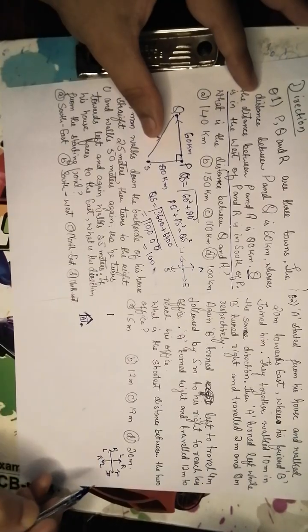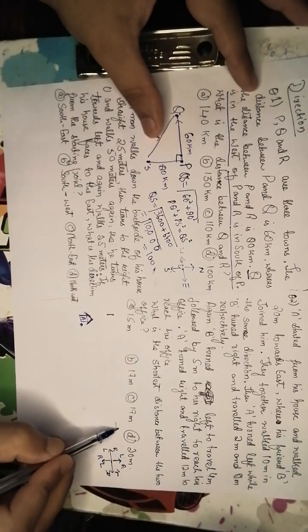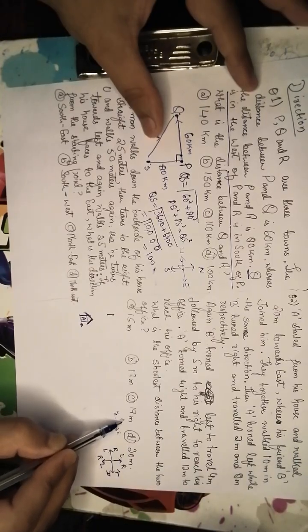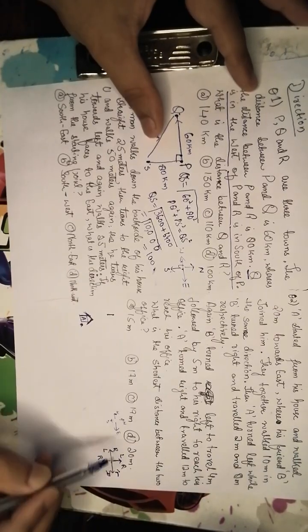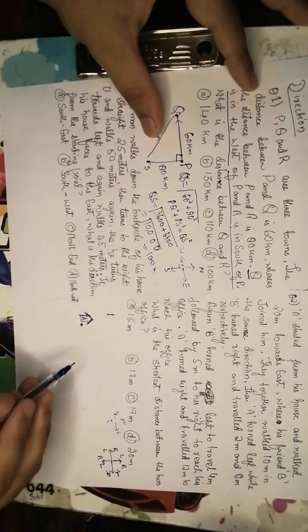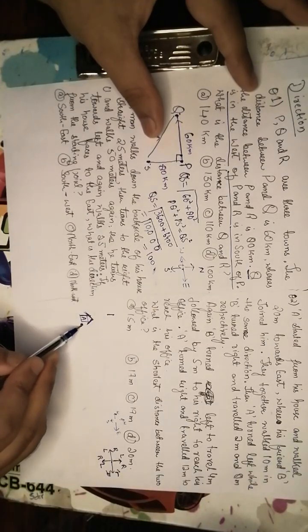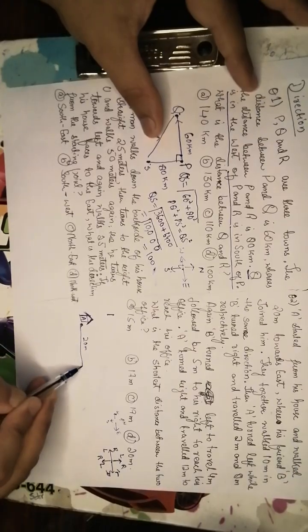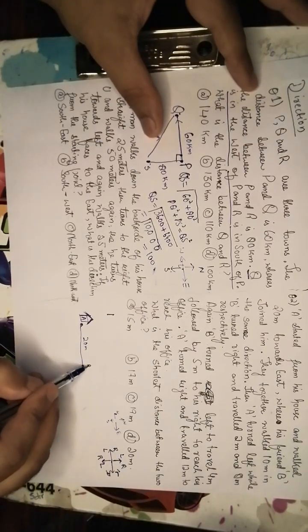What is east? We know that this is east, this is west, this north, this south. It's easy peasy. So east he traveled how much? 20 meters. When he traveled 20 meters, he met B.